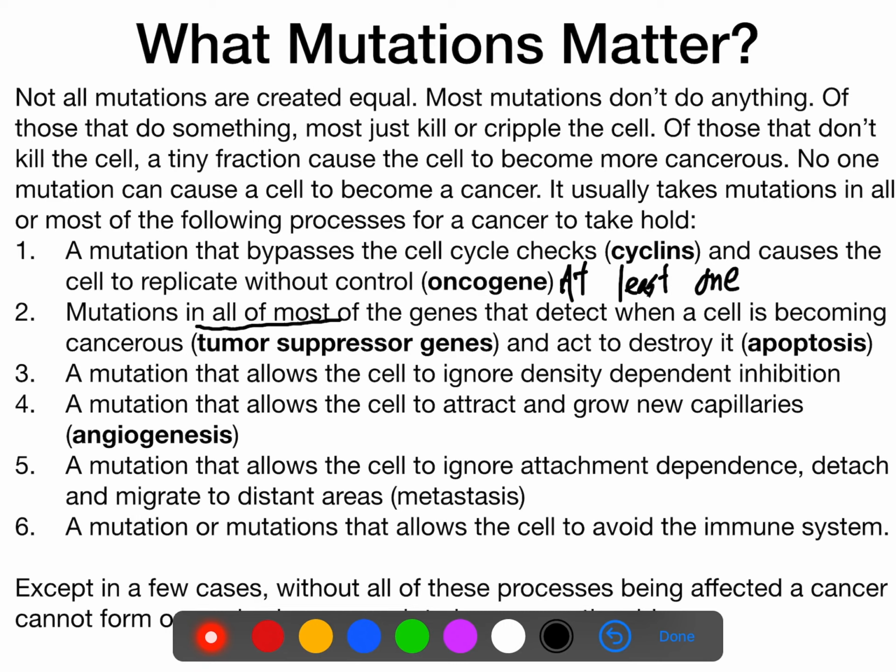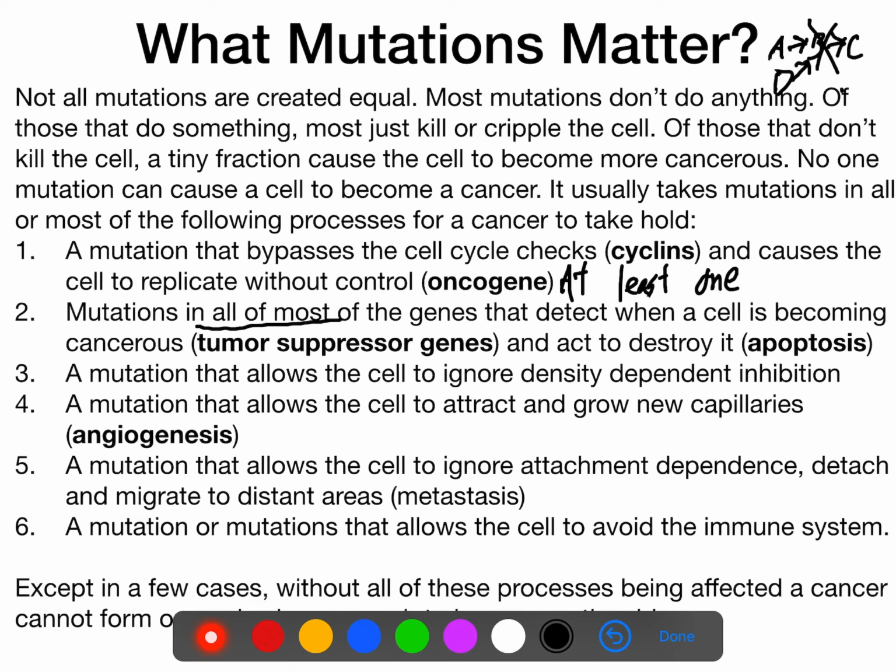Well, that's not quite true. A lot of them happen in a pathway. So you might have A leads to B, leads to C, and you might have D also leads to B, which leads to C. And you wouldn't necessarily need to cut all of them off.